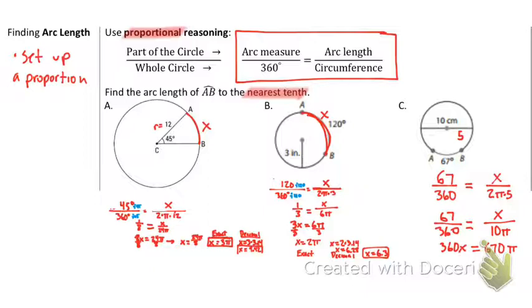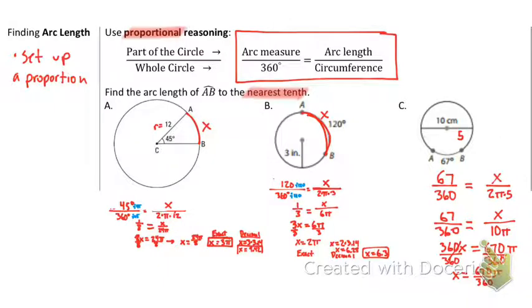And now I want to go ahead and solve for x. So I'm going to divide both sides by 360. So x equals that.